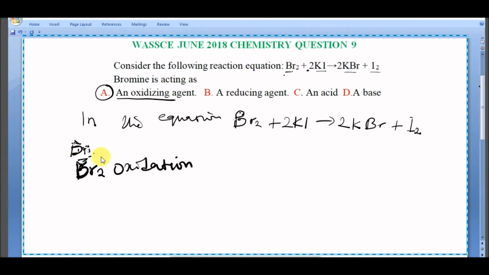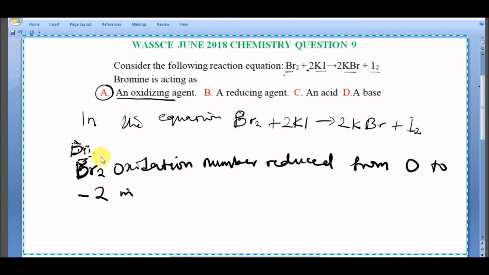So the bromine oxidation number actually reduced from 0 to -2 in 2KBr.